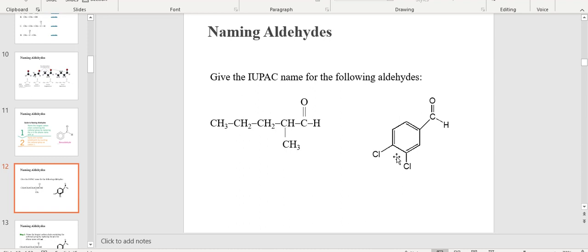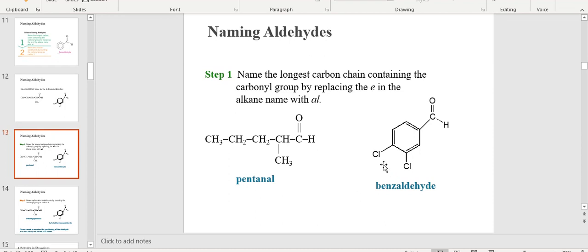Have a look at this one here. Here I've got a benzene group. I got 2 chlorines coming off here. Here I have an aldehyde group. Okay, so what do you think is going on here? I'll show you. We'll do this in steps.